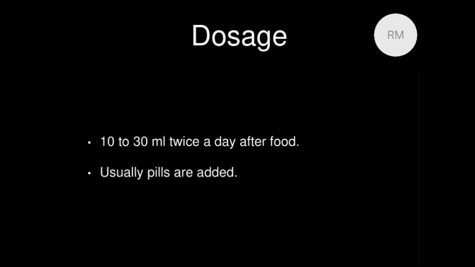Now, some other practical tips. If you want to administer these medicines to people, one of the biggest problems with asavas and aristas is that they may cause hyperacidity. So when you administer to patients, you can be a little careful.